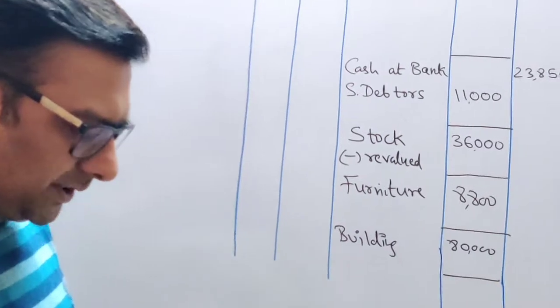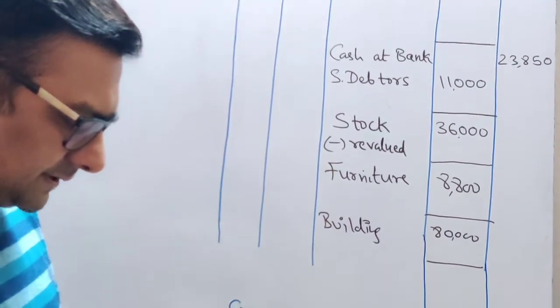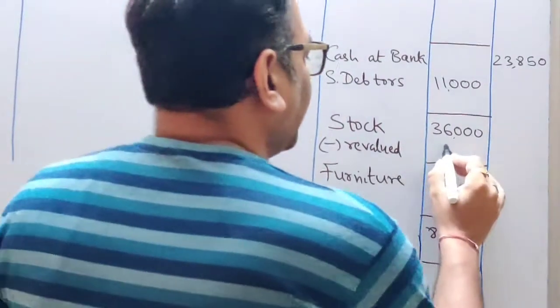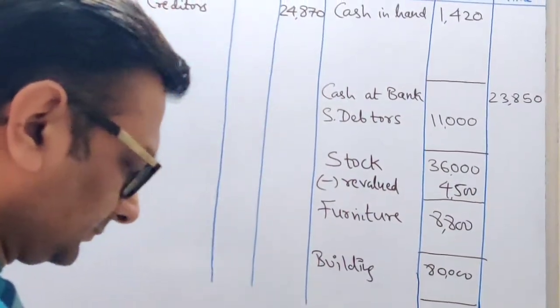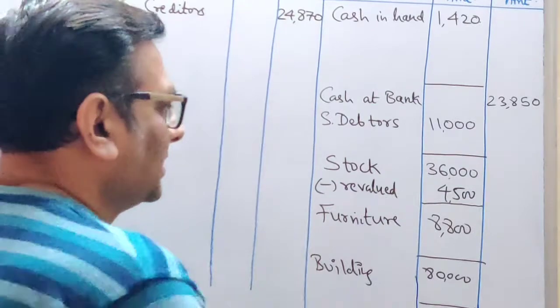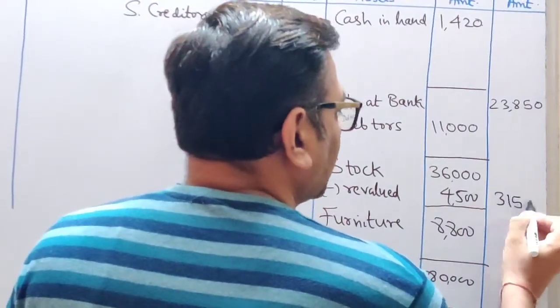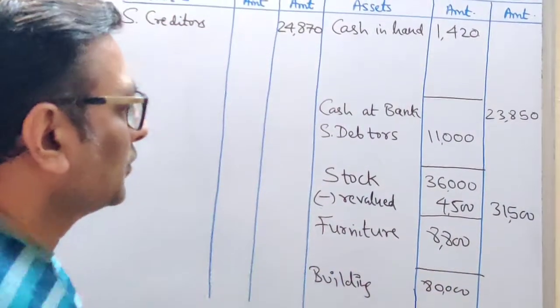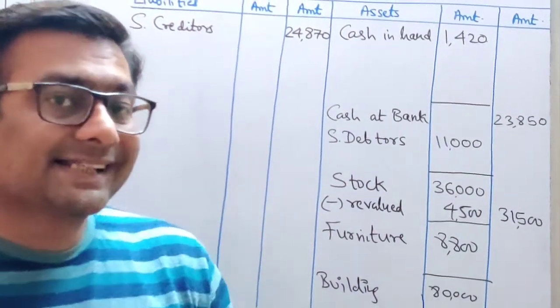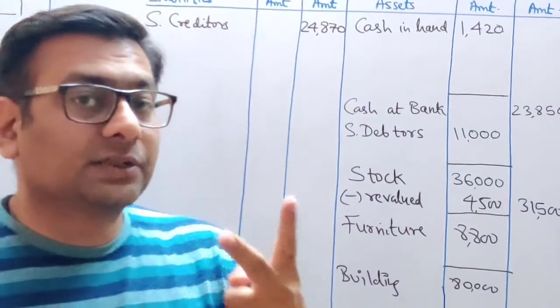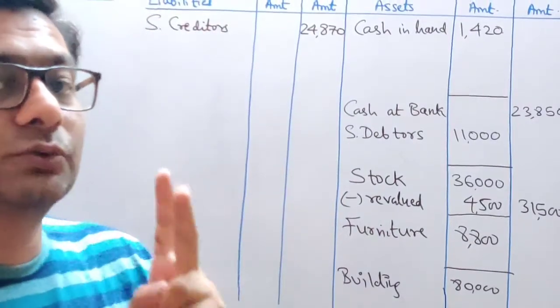So what will be 12.5% of this? 4,500. And if you minus this, your answer is 31,500. So this is effect 1, students. Remember, this is effect 1. As I said, you have to write adjustments 2 times. Don't forget to write 2 times.